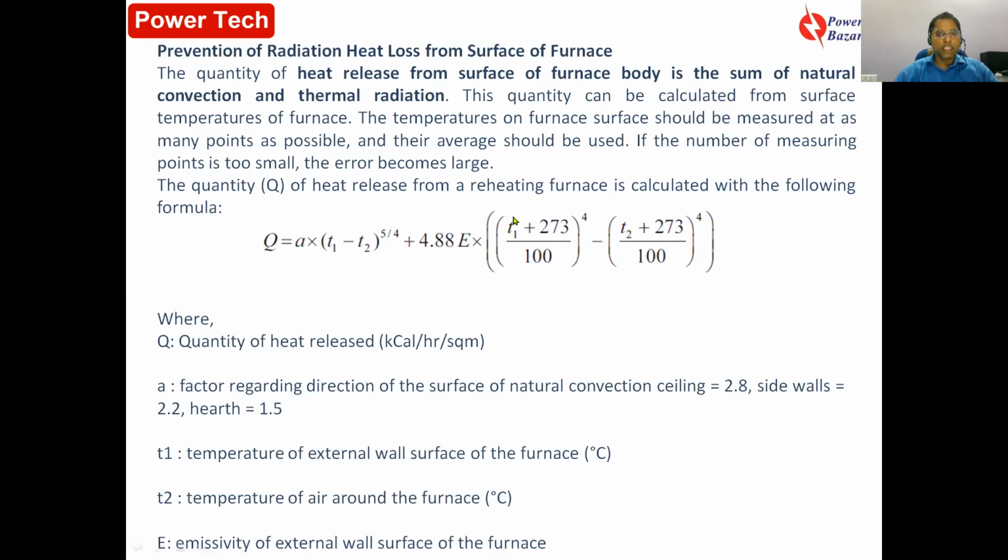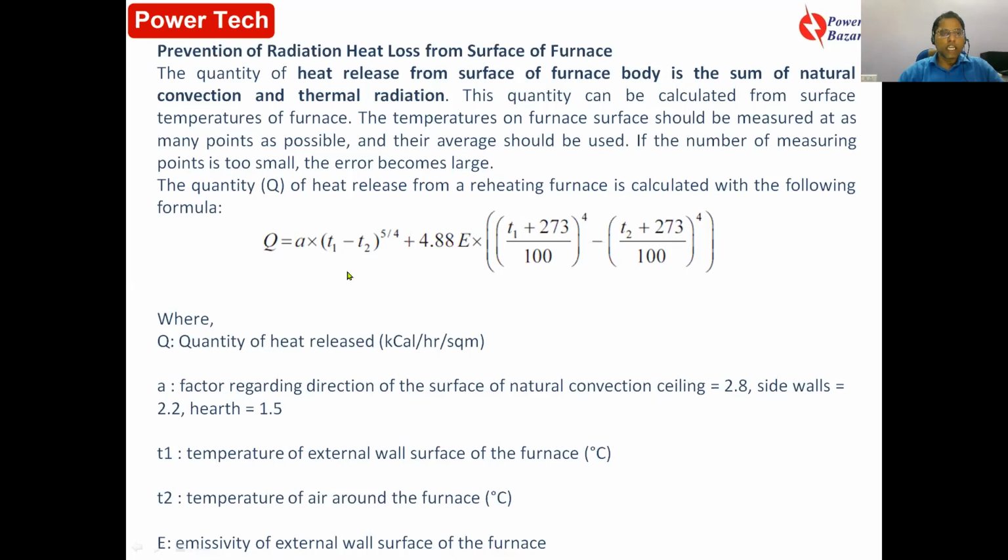Remember, T1 is in degrees Celsius. We are adding 273 to convert it to Kelvin. The radiation loss is proportional to the fourth power of the Kelvin temperature.